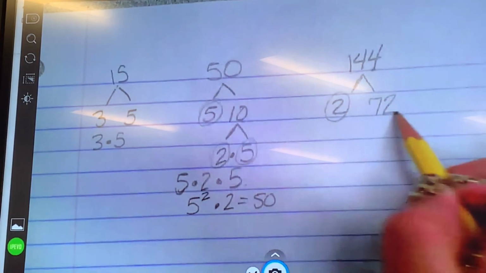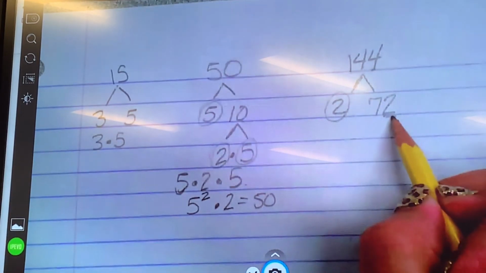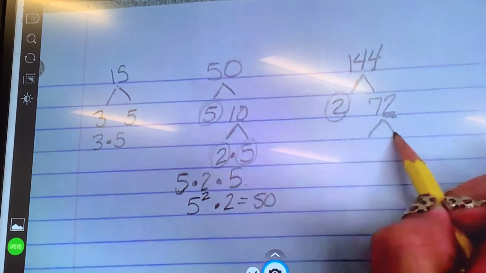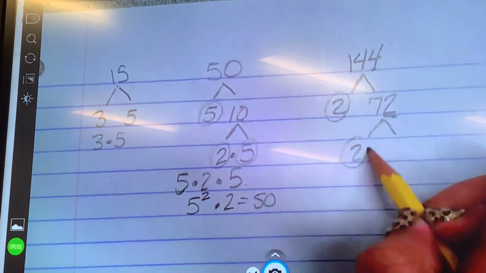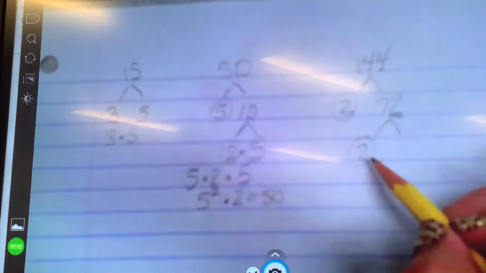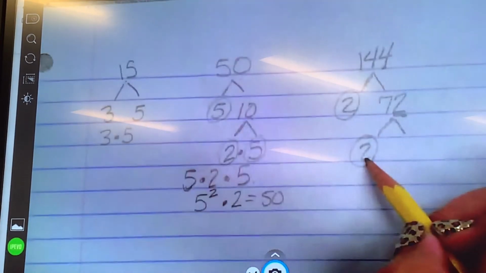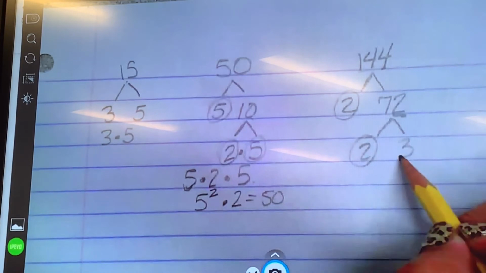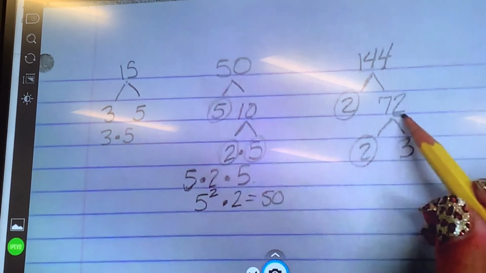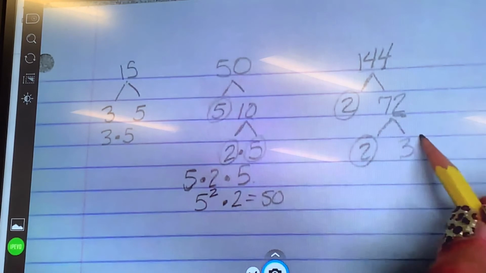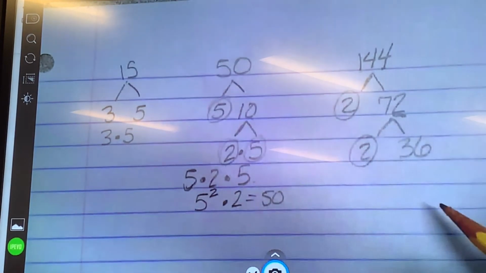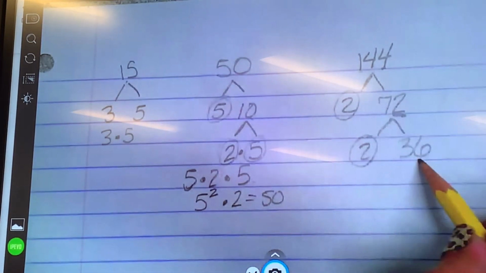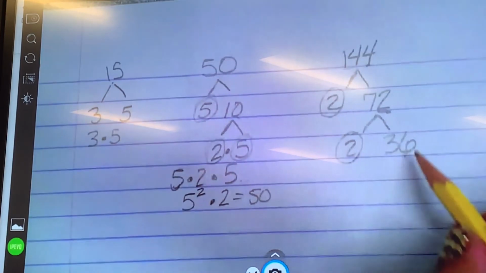This is another even number, so since I'm looking for prime numbers, I'm going to pull out the 2. 2 can go into 7 3 times. That's 6. So I have 12 left when I bring down my 2. 2 goes into 12 6 times. Still not a prime number over here.